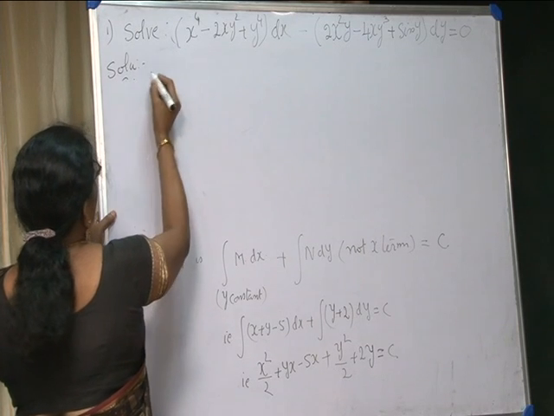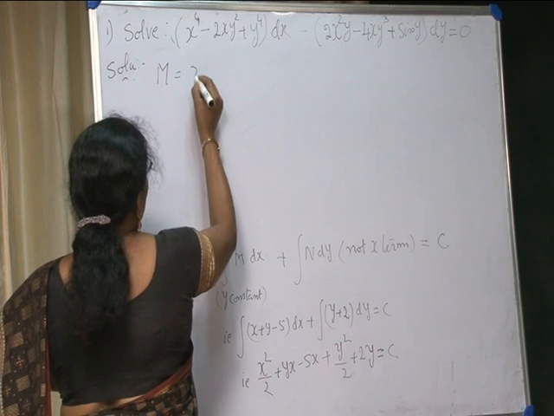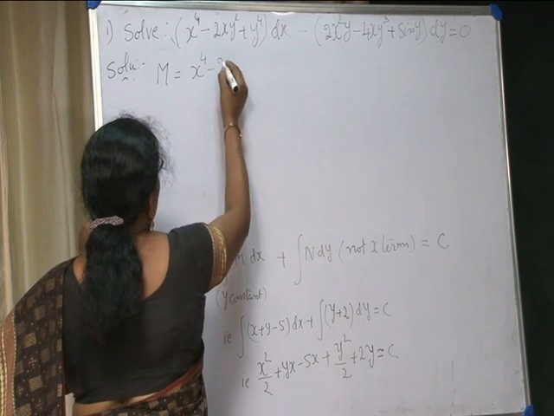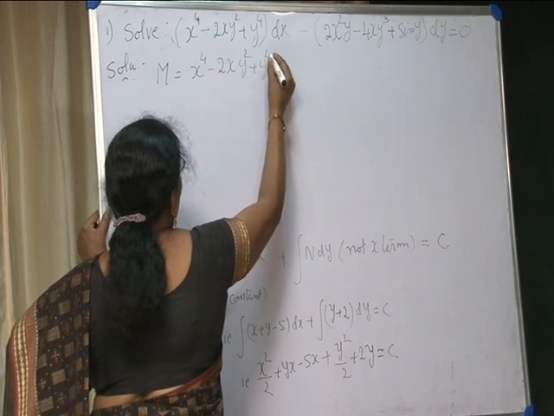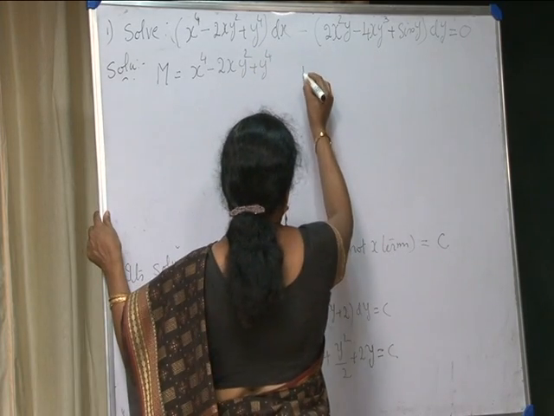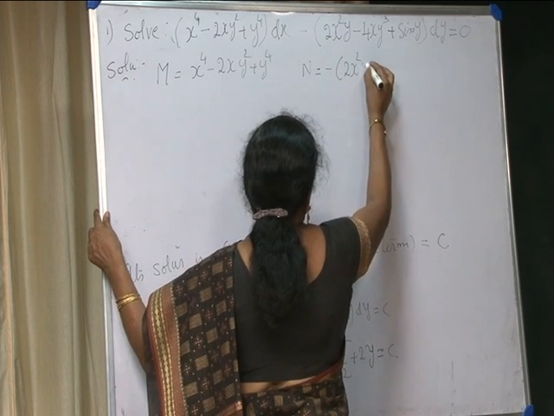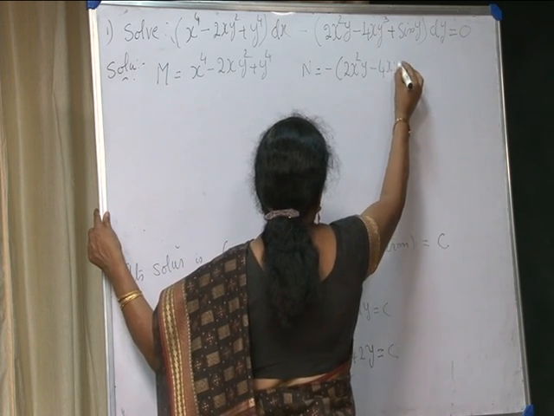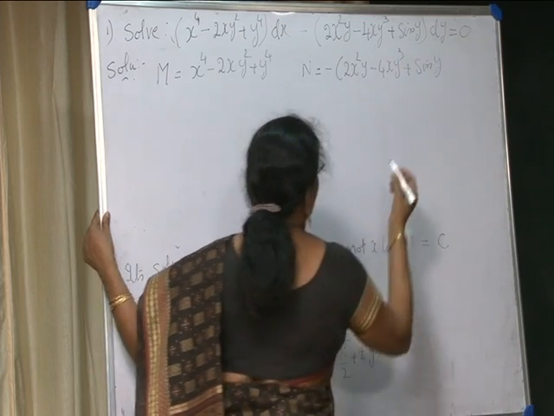In this, M is equal to x to the power of 4 minus 2xy squared plus y to the power of 4. N is equal to minus of 2x squared y minus 4xy cube plus sin y.